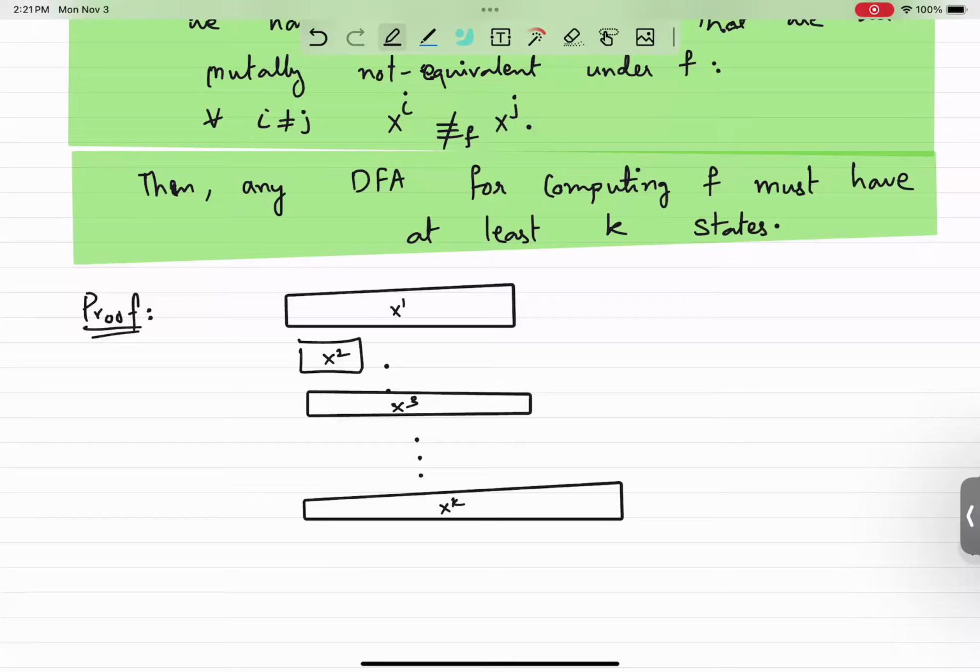They're all pairwise not equivalent under F, right? And given this hypothesis, we want to conclude that any DFA that computes F must have at least k states.